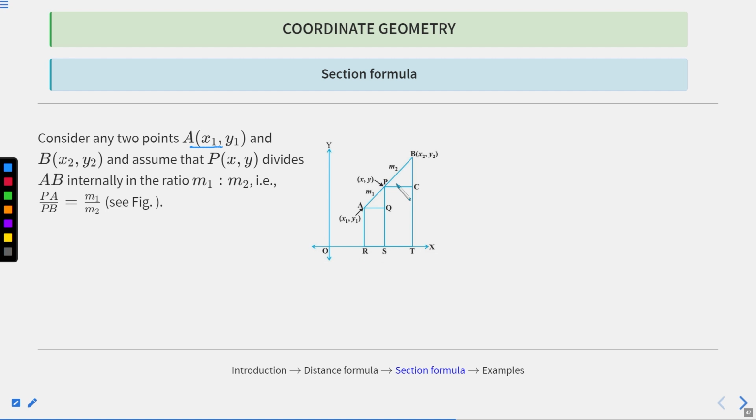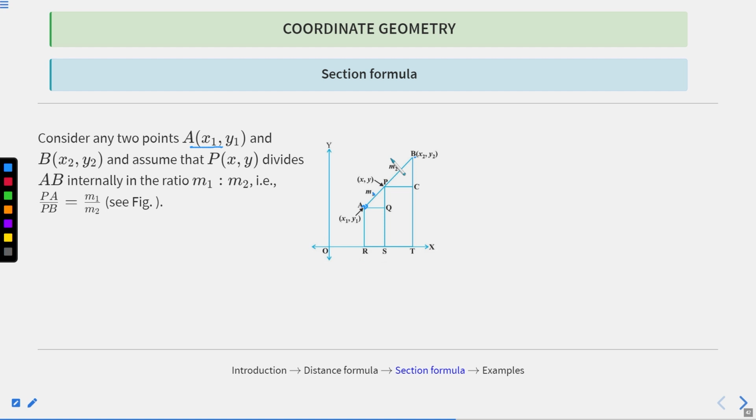Okay, so basically here we consider the point A and the point B, and the coordinates of A are x1, y1 and the coordinates of B are x2, y2, and here we assume the point P as x, y, and this point P divides AB internally in the ratio m1 is to m2.